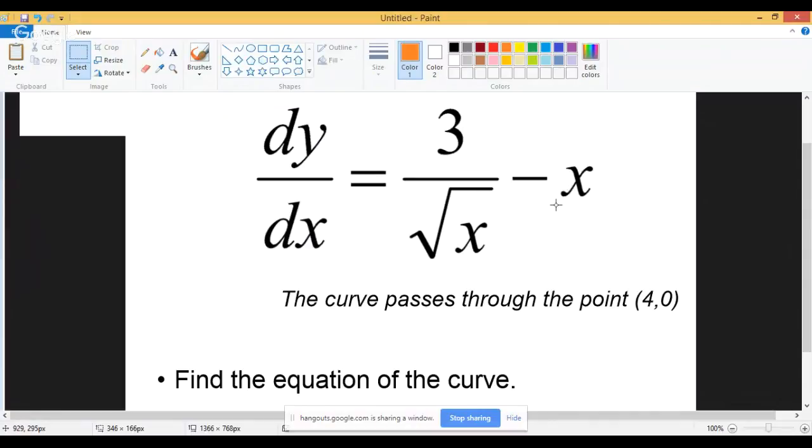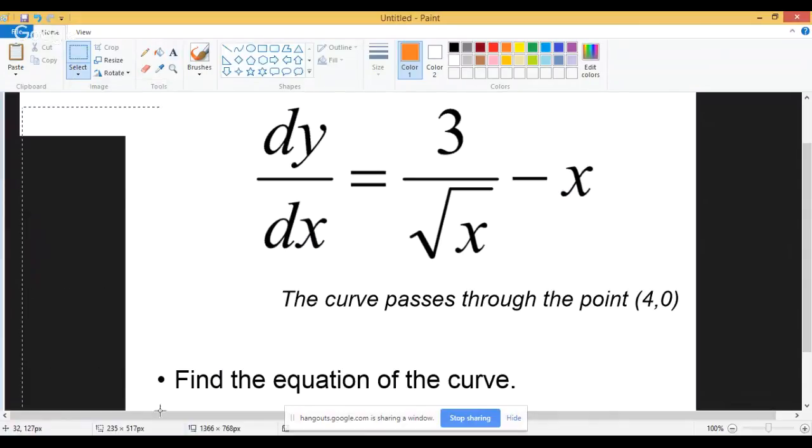You're told that the curve passes through the point (4, 0), and the question is to find the equation of the curve. So let me just remind you of the basic principle here, which is that differentiation and integration are opposites.